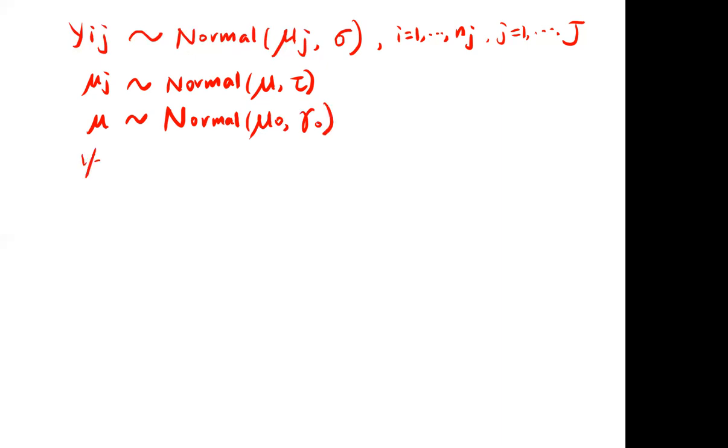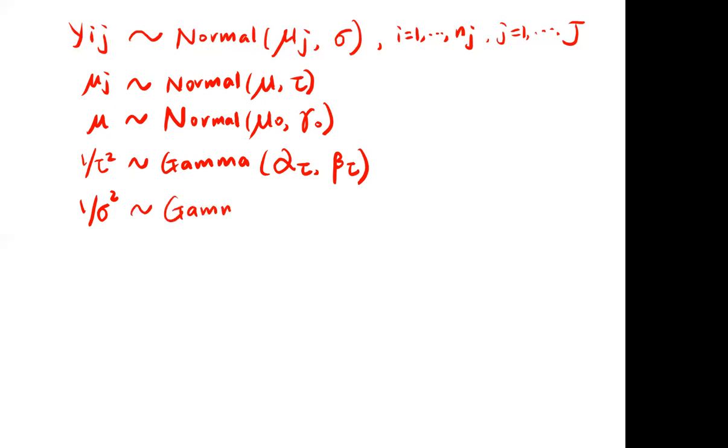For tau we work with the precision, 1 over tau squared, which gets a gamma with alpha_tau and beta_tau. And then lastly is 1 over sigma squared. That's not a hierarchical prior, it's just one parameter in this case, so we have a gamma with alpha_sigma and beta_sigma.